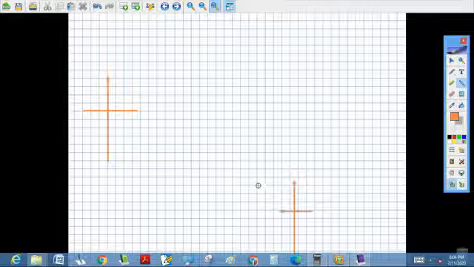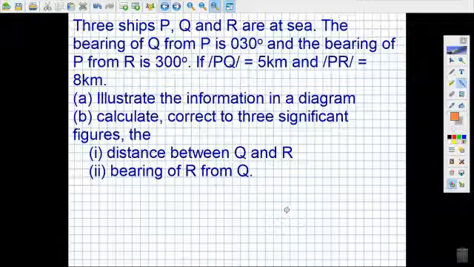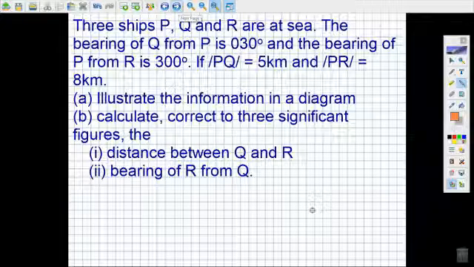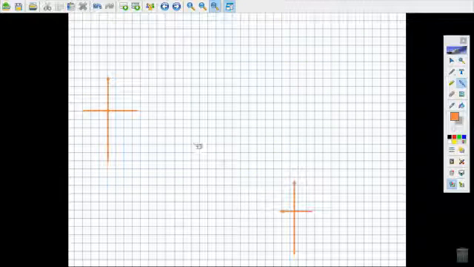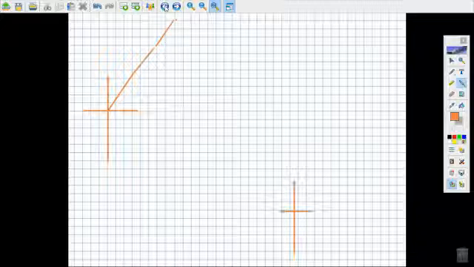First, we are told that the bearing of Q from P is 30 degrees, so we have to represent that first. So here is our P. From P we navigate 30 degrees from the north of P. So 30 degrees from the north will be approximately this. We are making a sketch.